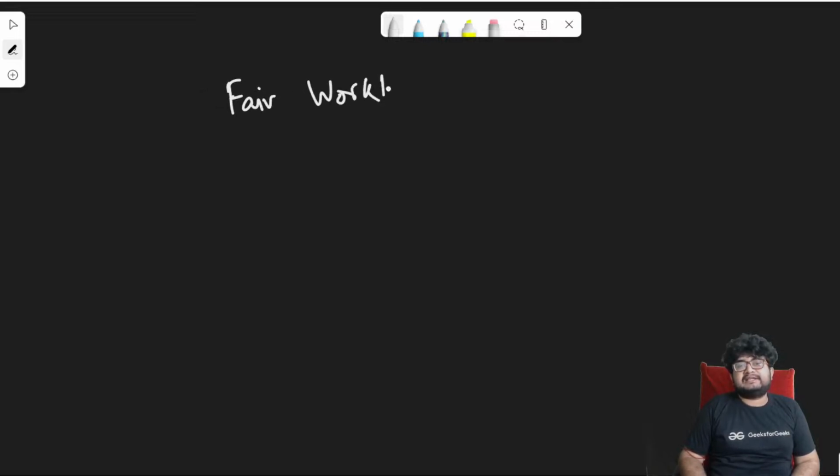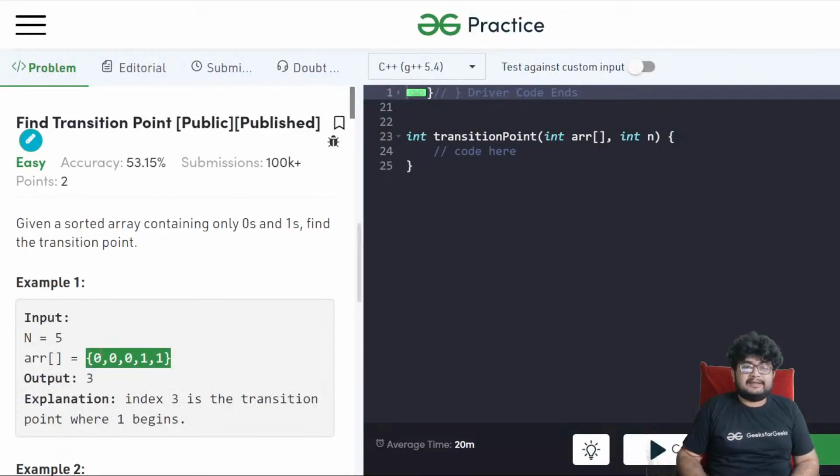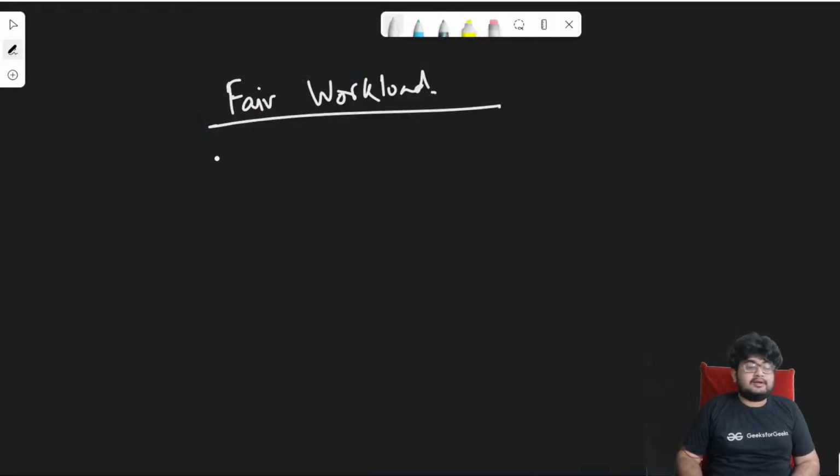Let's see how we can reduce this exact problem into something similar to this. Fair Workload says that we have some workers, let's say there are n workers, and there are m cabinets.